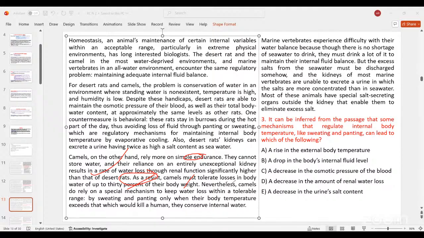And nevertheless, meaning however, camels do rely on a special mechanism to keep water loss within a tolerable range by sweating and panting only when their body temperature exceeds what would kill a human. They conserve internal water. So what is the meaning? Now, because I have read, when I solve the question I'll go through it patiently. Just check what message is related to it.